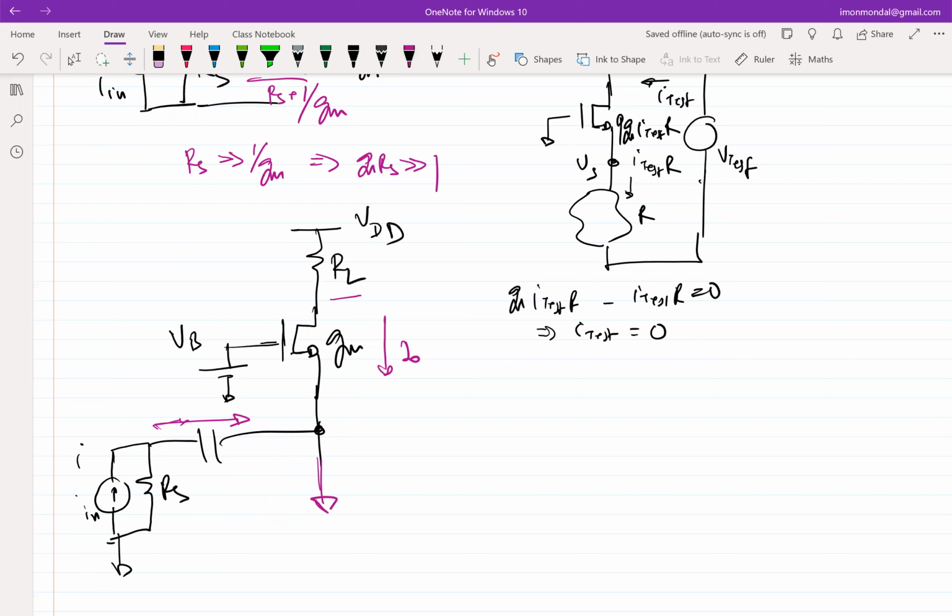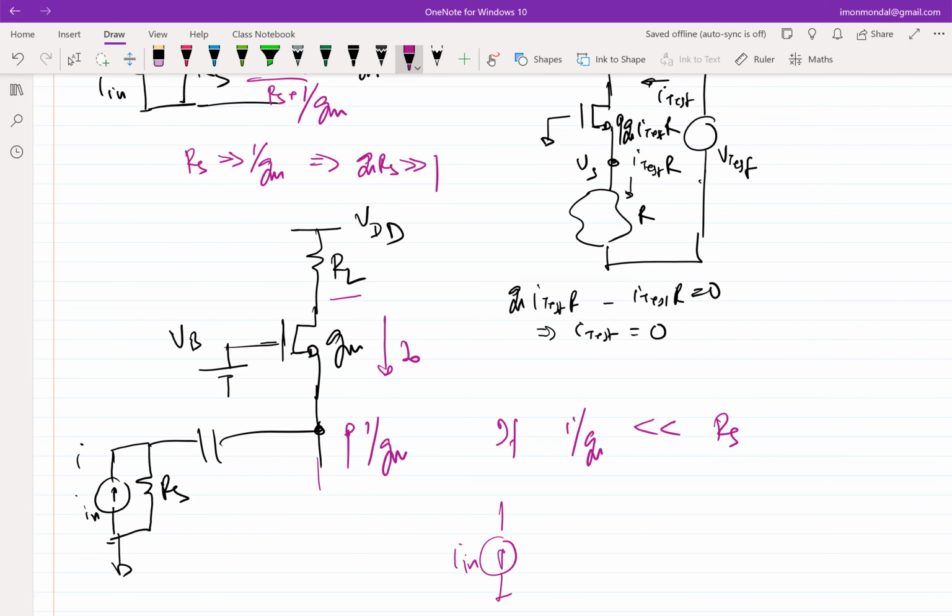Correct? So why did I make that statement? So ideally, in the incremental sense, this impedance is 1 over GM. If 1 over GM is much, much less than RS, right? Then I can say that this becomes I in, RS, some resistance Rin, which is much less than RS.